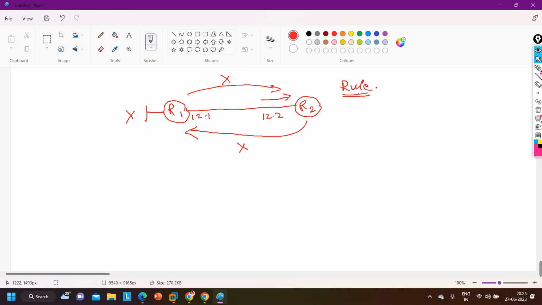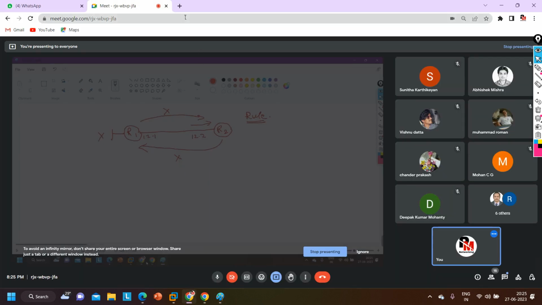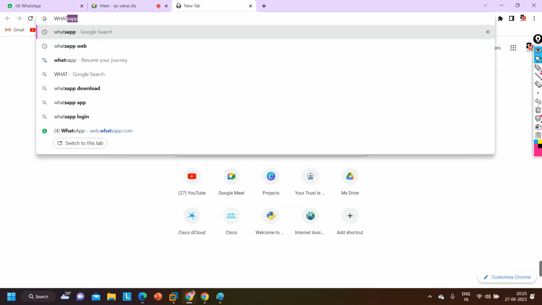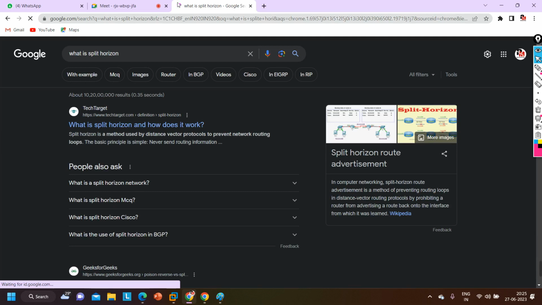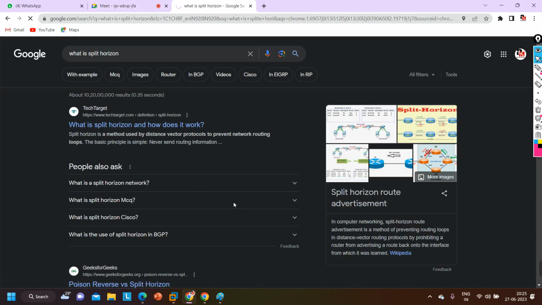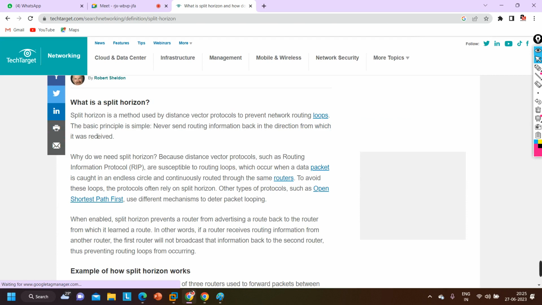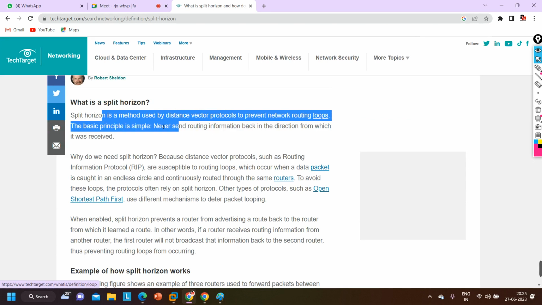You can read the rule by typing split horizon in Google. What is split horizon? Let me show you. See, split horizon is a method used by distance vector routing protocols to prevent routing loops.